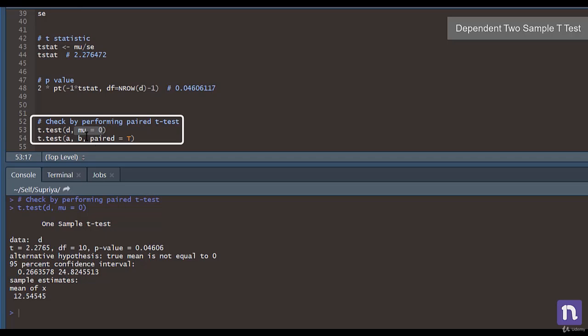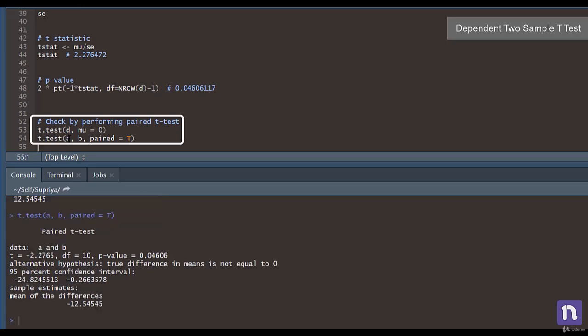And while calling the t-test, you have to explicitly set mu equals to 0, or since this is a dependent two sample t-test, or paired two sample t-test, you can pass in the two vectors that you are comparing and set paired equals to true. Both of these functions are equivalent. The output is exactly the same.